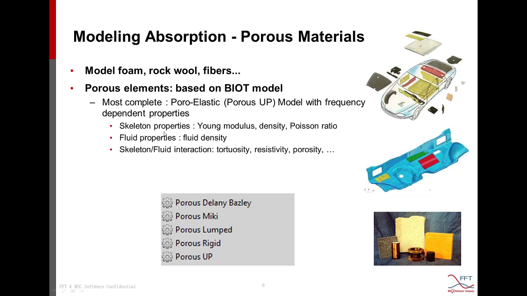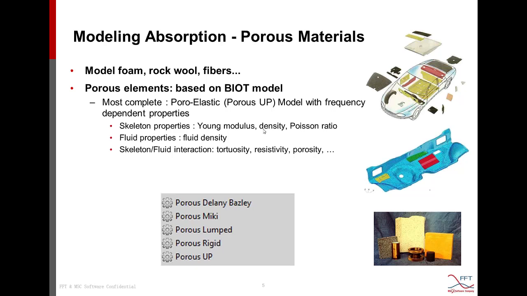So we have the skeleton properties, in which we need to model the Young modulus, the density, and the Poisson ratio of the skeleton. And then we have the fluid properties, for example the fluid density, but also the fluid bulk modulus, but those are the properties of air, so we have no difficulty getting these properties and entering them into Actran.